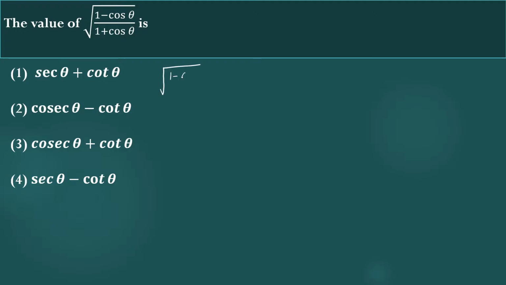We have the general formula, sin square theta plus cos square theta is equal to 1.